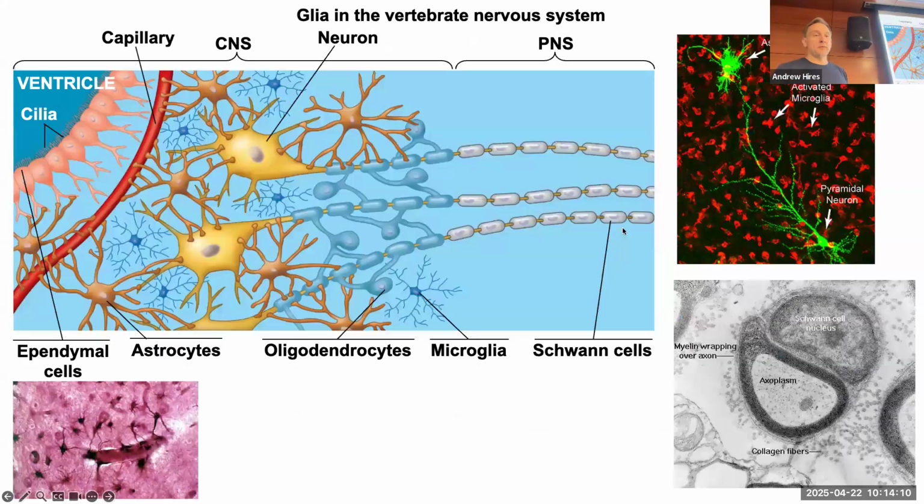We've got ependymal cells. Here's a gradient from the central nervous system to the peripheral nervous system, on the left side to the right side. So the core of the central nervous system, maybe near the blood, there's going to be a barrier with the blood, or within the ventricles, which are almost like little oceans of fluid inside the brain.